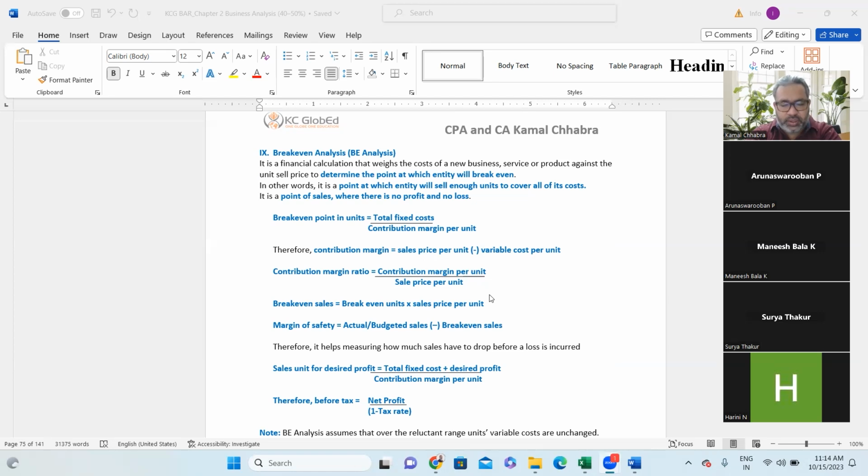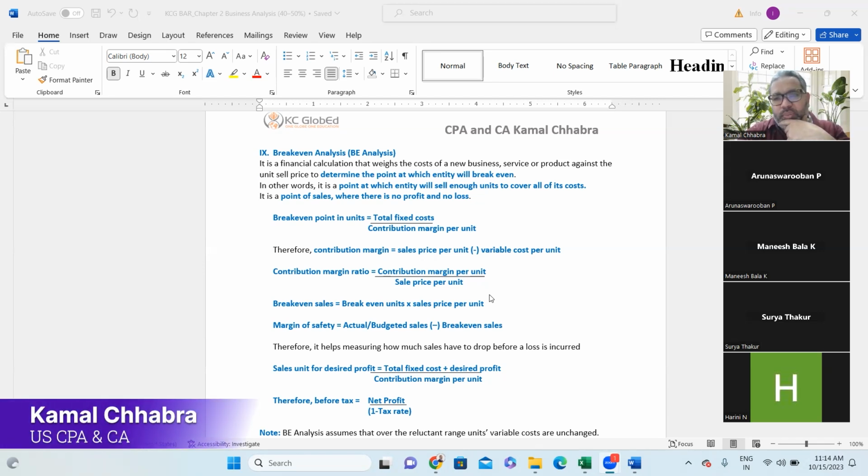In your question, you need to do the mathematical calculation to understand the number of units you need to sell at the respective selling price to recover all your cost. The cost includes your fixed cost and variable cost, or you can say cost of inventory plus other costs as well. So the break-even point is basically total fixed cost divided by contribution margin.